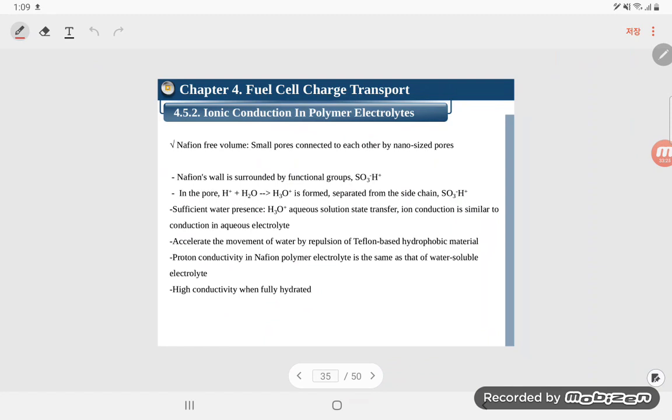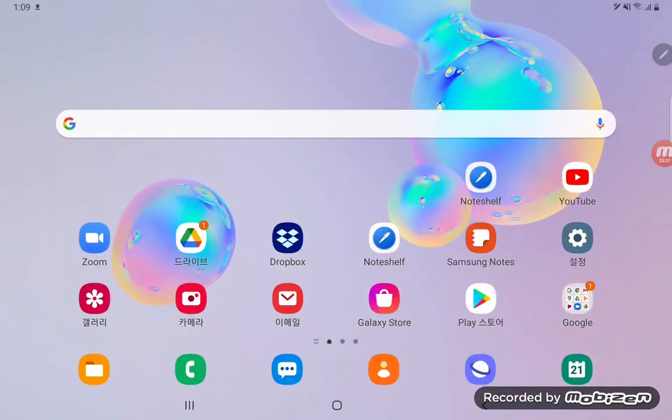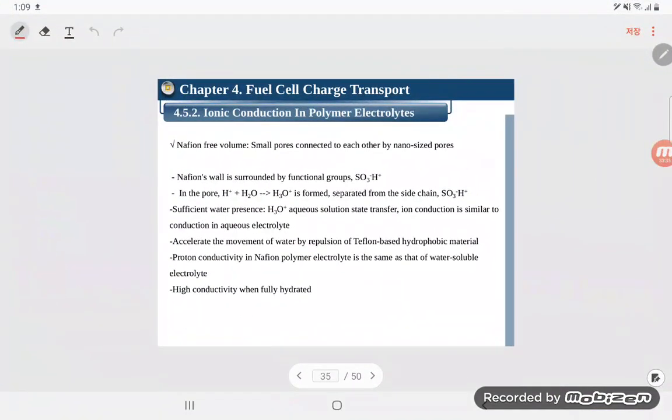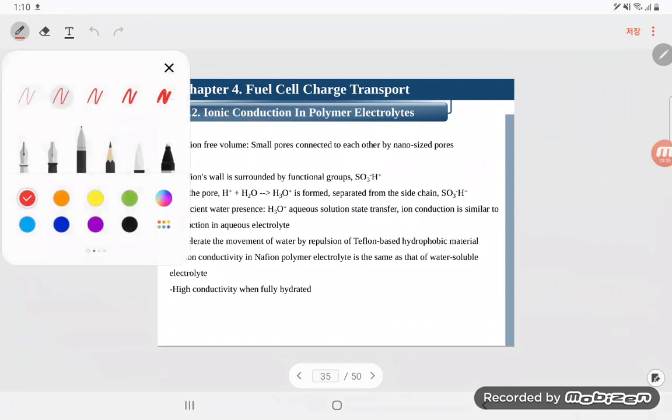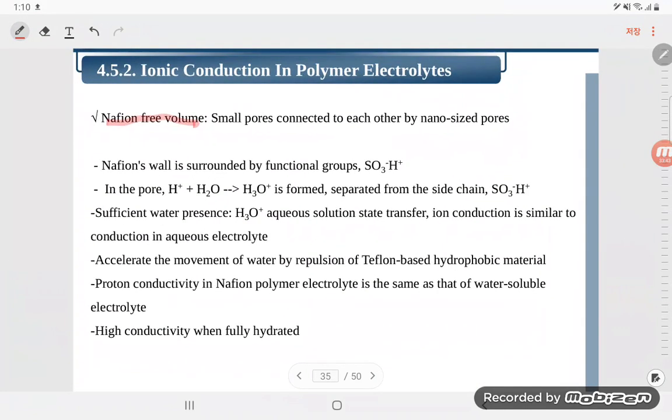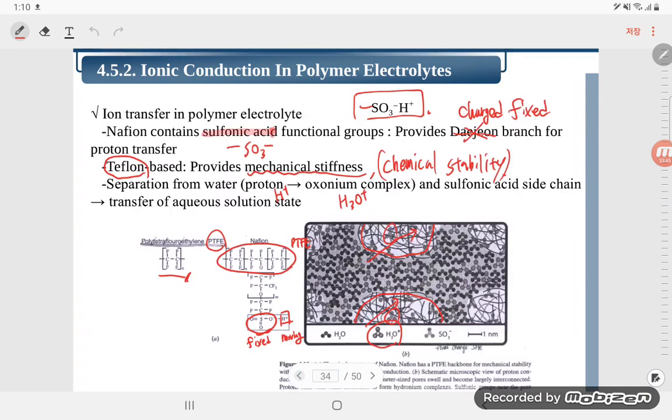The Nafion free volume is small pores connected to each other by nano-sized pores.